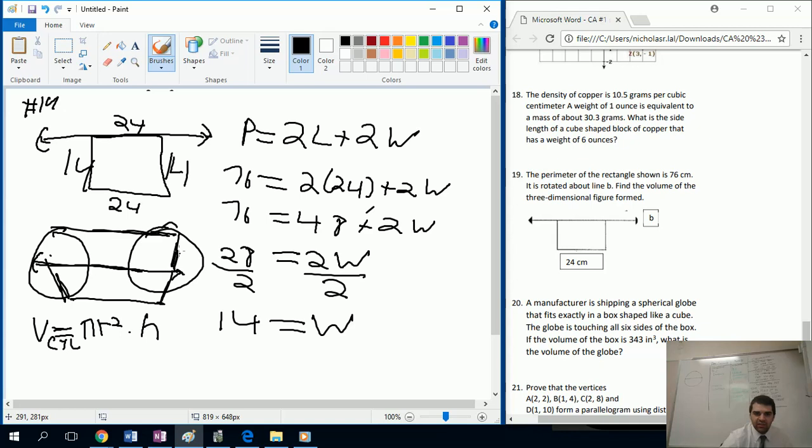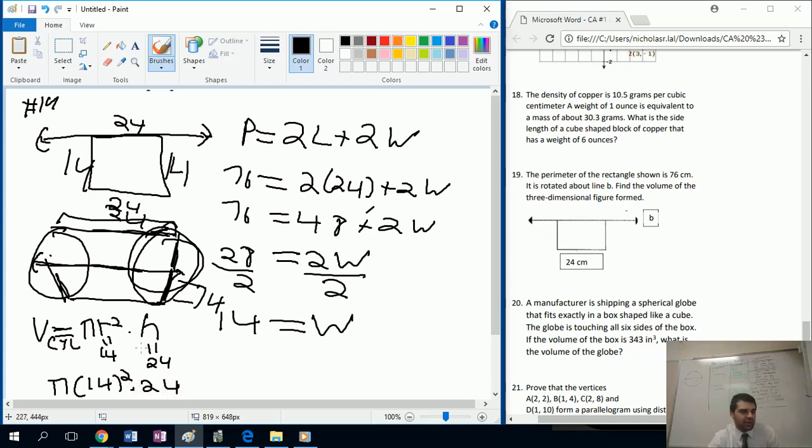So looking at our rectangle, as it relates to the base, the radius is 14 and our height is 24. So r is equal to 14 and our height is equal to 24. You just need to visualize that 24 becomes the height of the cylinder and 14 becomes the radius of the cylinder, okay? So the volume of the cylinder becomes pi times 14 squared times height, which is 24.